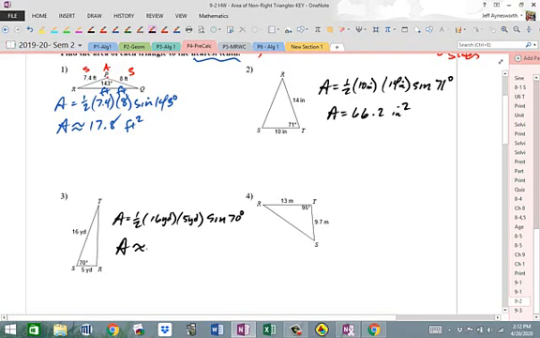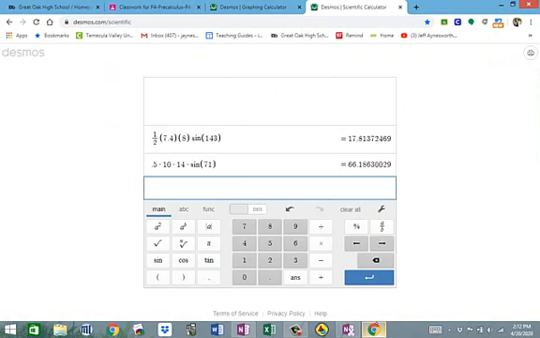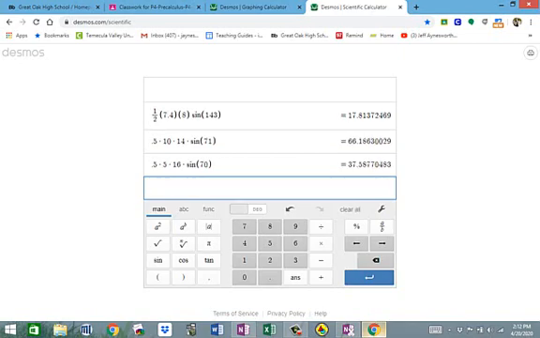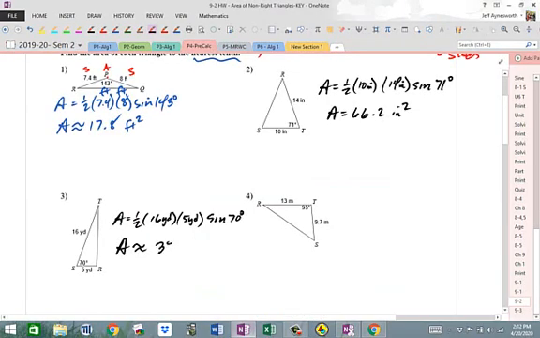So let's type it in: 0.5 times 5 times 16 times the sine of the included angle between the two sides, and we get about 37.6 square yards. That's all there is to it.